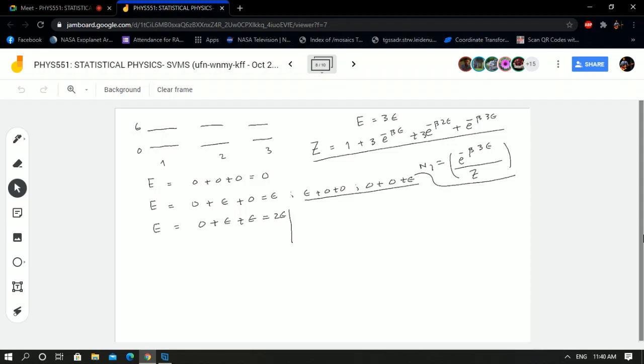Now I want to ask you a question. When we did the spin system, we had talked about something called negative temperature. This negative temperature comes in the situation where N1 is greater than N0.